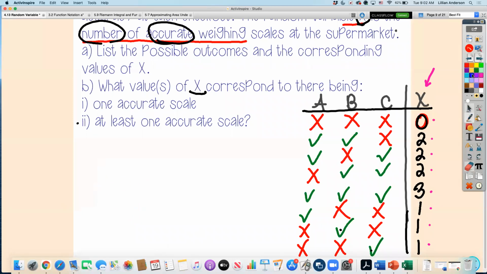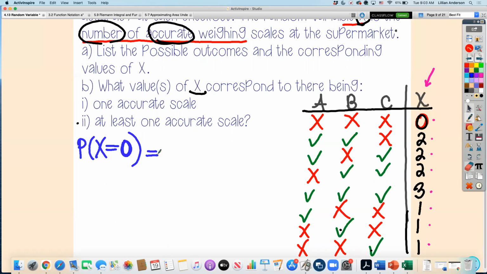So if this guy comes in, the probability, and you see this is basically saying the probability that none of the weight scales are accurate.